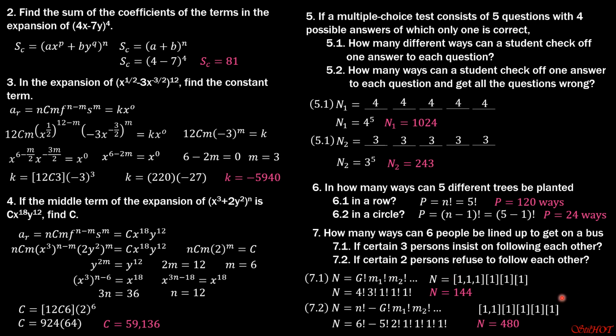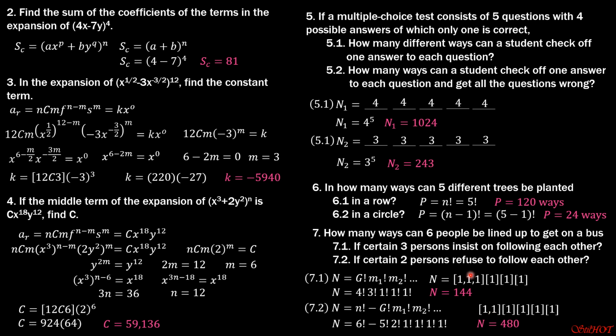But because it's complicated if you do it that way, we analyze this problem as n factorial, supposedly the total number of ways for these 6 people to line up to get on a bus is 6 factorial. We just subtract the number of ways where they are following each other or next to each other.